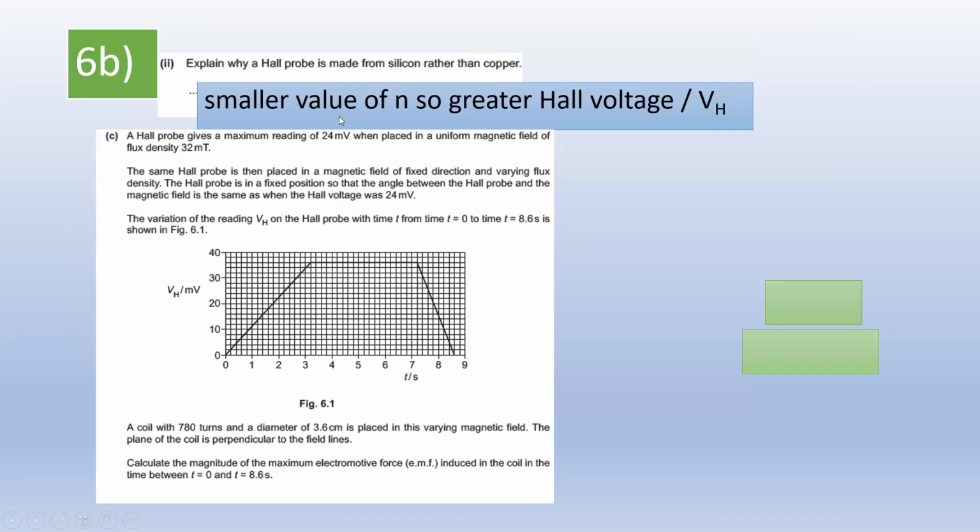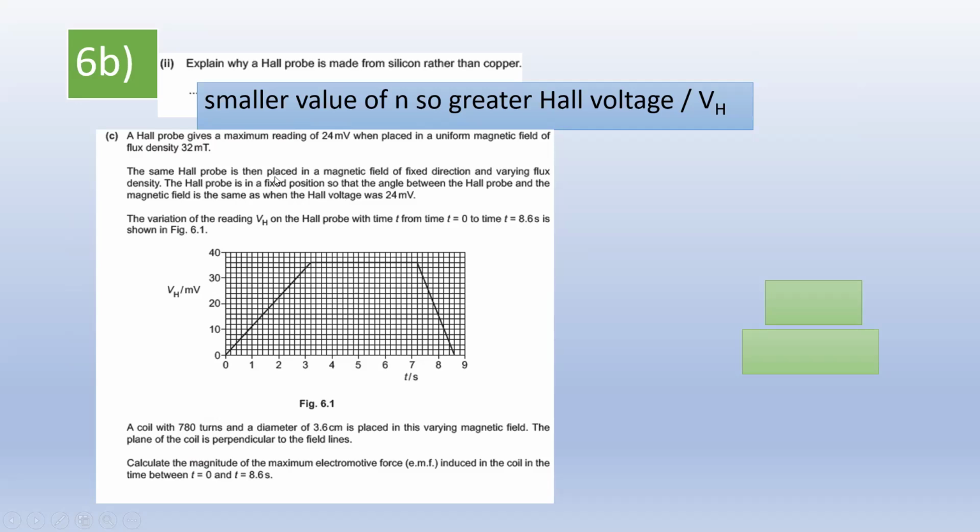Then we use a Hall probe. We have maximum voltage when the magnetic field is 32 millitesla. Okay, calculate. So now we have a Hall voltage at maximum reading 24 millivolt, placed in a uniform magnetic field of 32 millitesla.